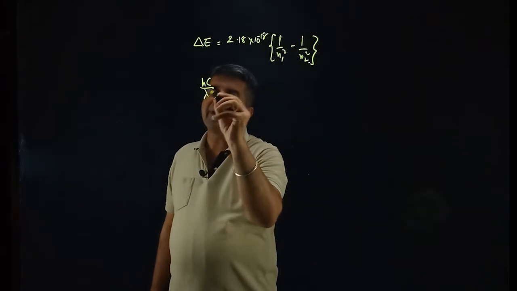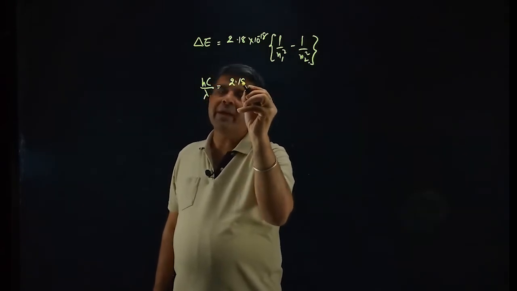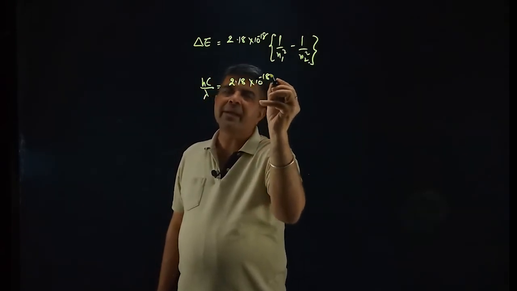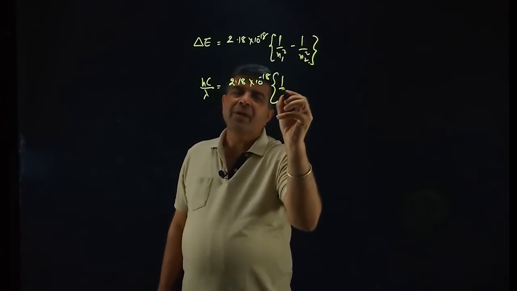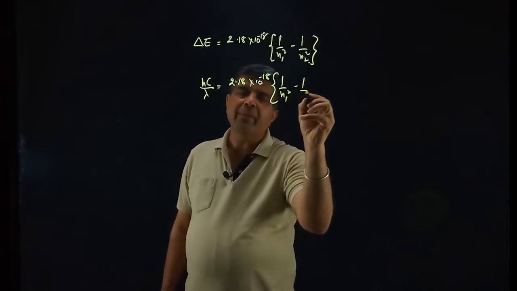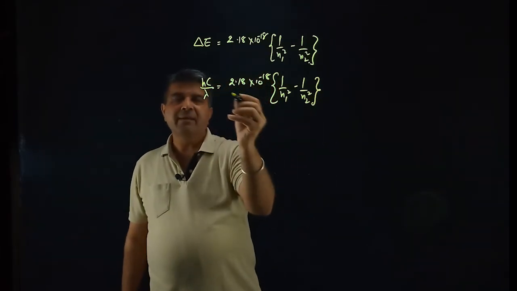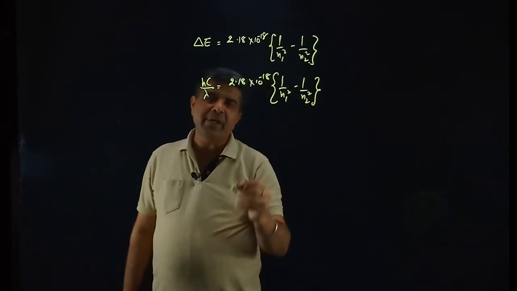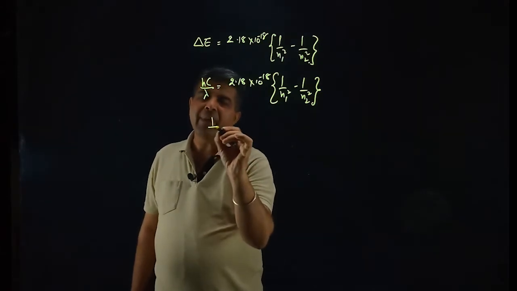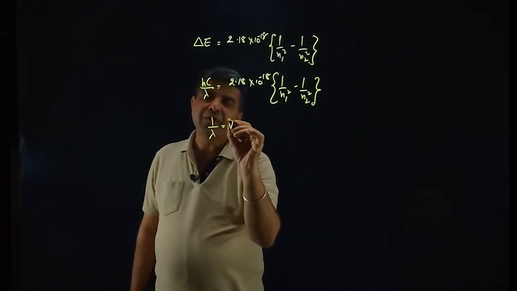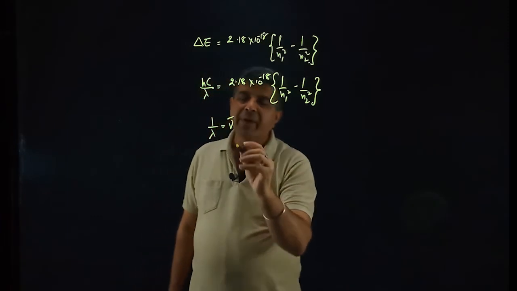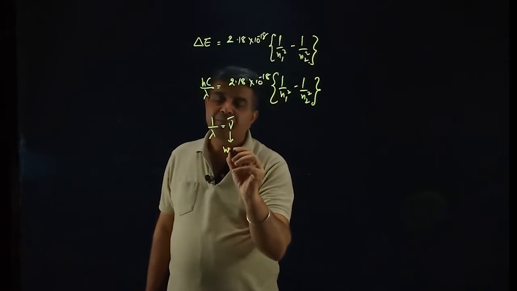So hc by lambda would be 2.18 into 10 raised to power minus 18 times 1 by n1 square minus 1 by n2 square, and if I place hc in the denominator, it would be 1 by lambda, which is nu bar or wave number.